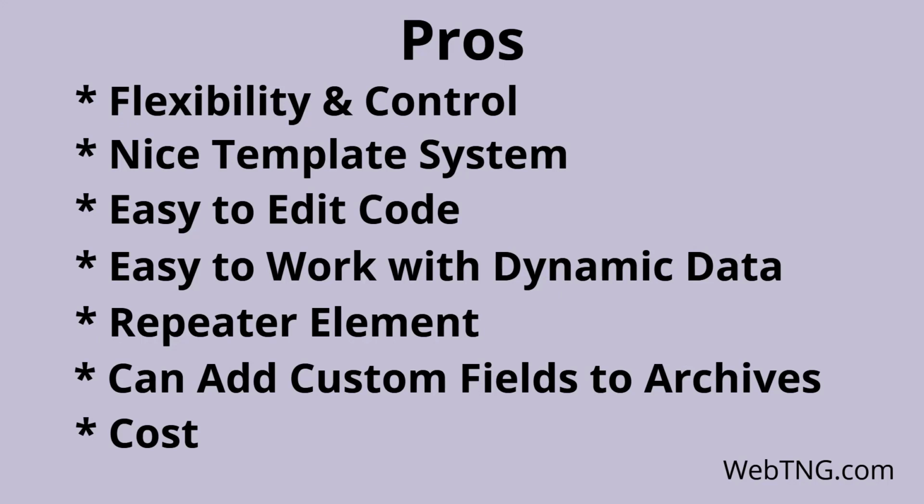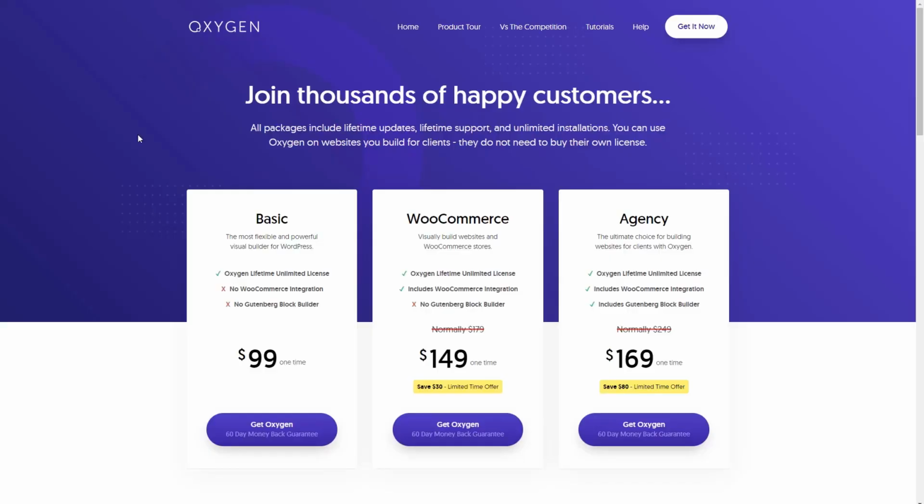And one of my litmus tests for how flexible a page builder is to look and see if you can add custom fields to the archives, and that was very easy with Oxygen. When you compare it to other builders, Oxygen is very economical. It's $99 for lifetime updates and support and unlimited sites.